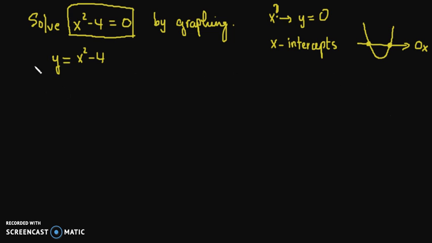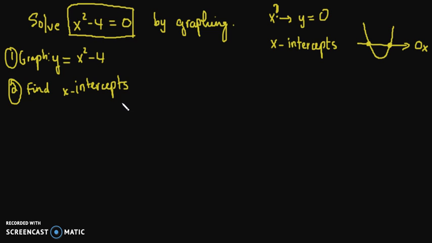The first step of solving a quadratic equation by graphing is to graph the related function y equal to x squared minus 4, and the second step is to find the x-intercepts of the graph.